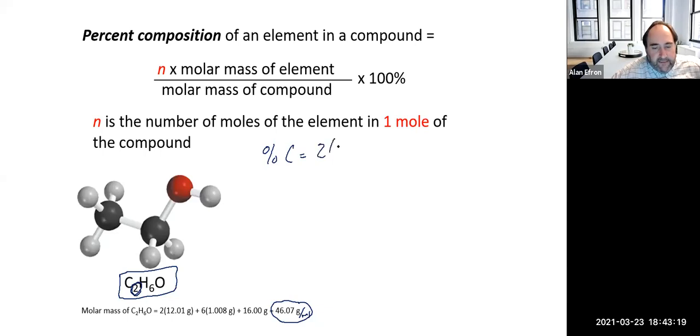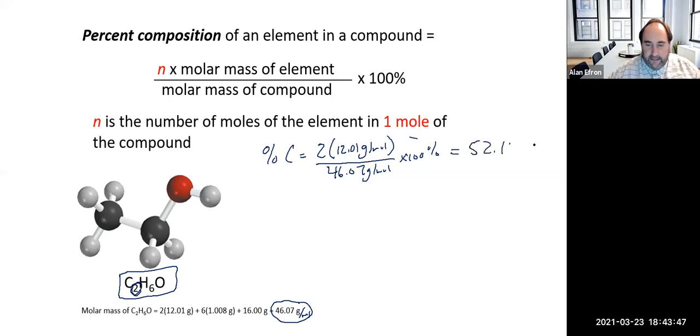So 2 times the mass of carbon from the periodic table divided by the mass of the entire compound times 100%. And that would get us a percentage by mass of carbon in this particular guy as, call it 52.14%. So basically, by mass, about 52% of this compound is made up of carbon.